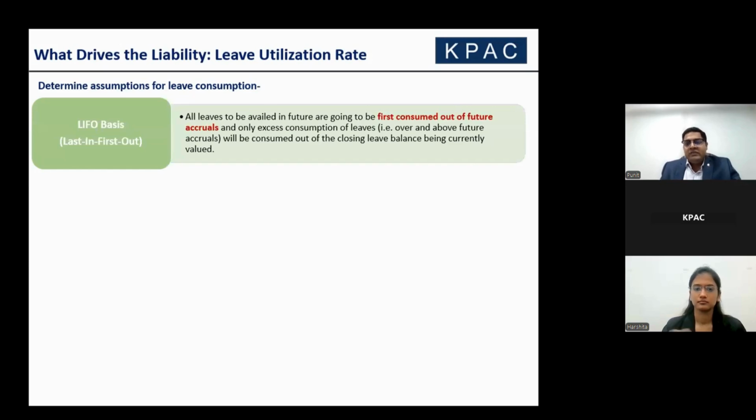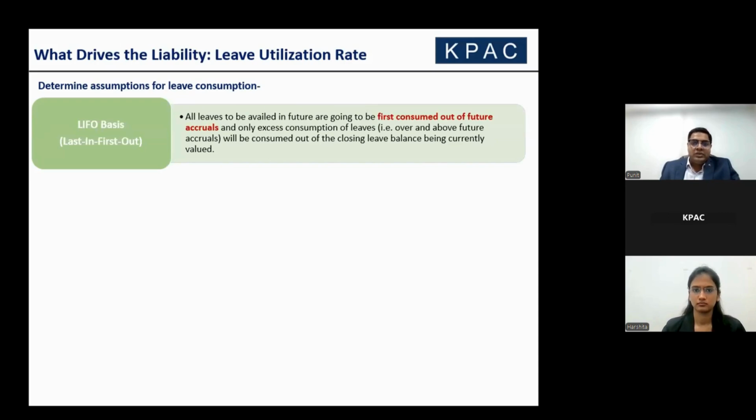Predicting how leaves will be consumed in future years requires careful assumptions. Now, in many organizations with flexible leave policy, the leave valuations are carried out assuming that the future availment will be on last in, first out basis, LIFO basis. And this is a very common assumption.